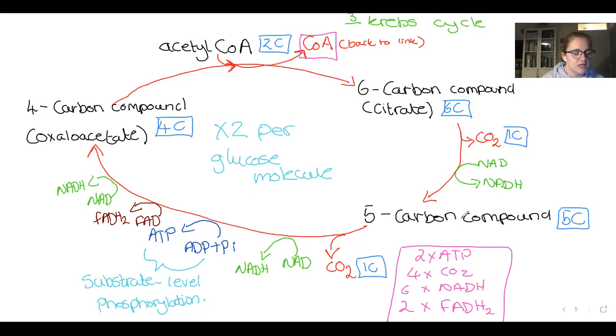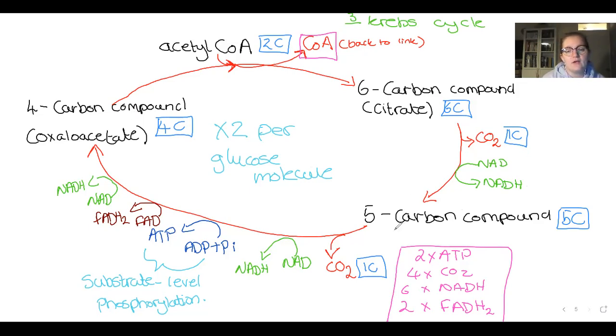It does this through 2 stages. The first stage is decarboxylation, so we lose a CO2. And then it also goes through dehydrogenation, and hydrogen is removed, accepted by NAD, and we get reduced NADH being formed. Our 5-carbon compound is then going to be converted to a 4-carbon compound.